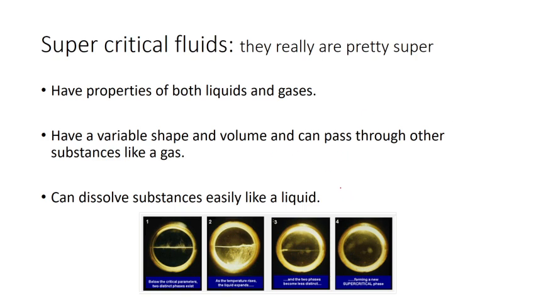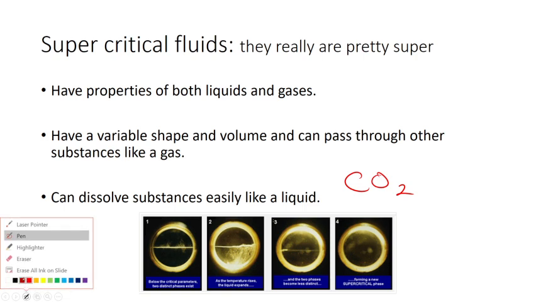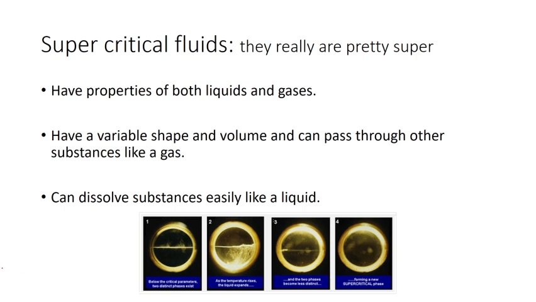One supercritical fluid that you will see used quite a bit is supercritical CO2, and it is used to extract things like caffeine in a decaffeination process. So decaffeinated tea and coffee a lot of times is put through a process where the caffeine is extracted by supercritical CO2.